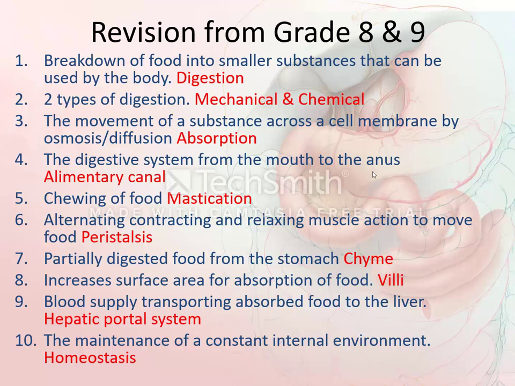So those nutrients have to then be absorbed by the body so that they can move to wherever we need them. So absorption says that the nutrient, the substance, is going to move across the cell membrane either by osmosis or diffusion to be able to travel to its destination.